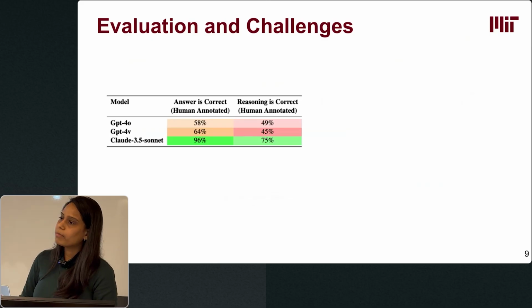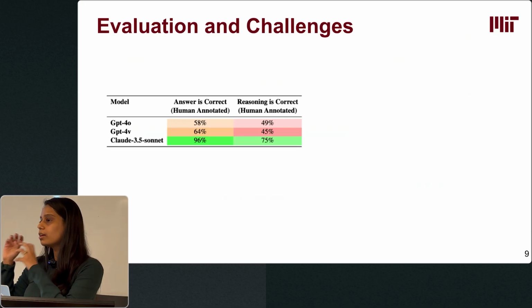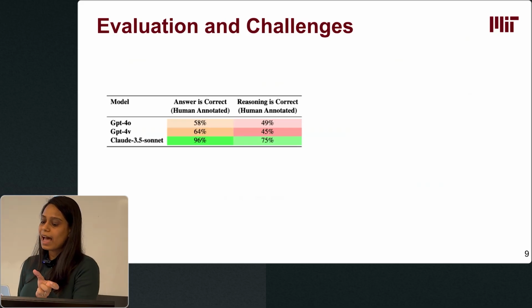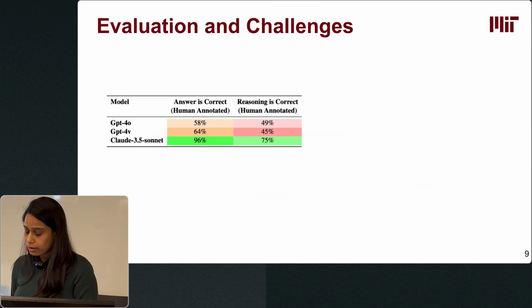To assess the performance of existing models, we did a small POC to understand how GPT-4o, GPT-4v, and Claude 3.5 Sonnet were performing, not on attribution, but whether given a chart and question, the answer is correct or if the reasoning is correct. And we found out that the models were not doing really great back then.